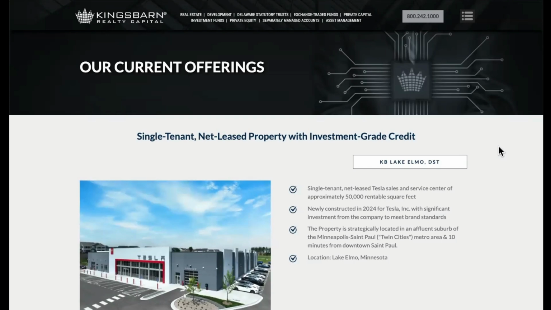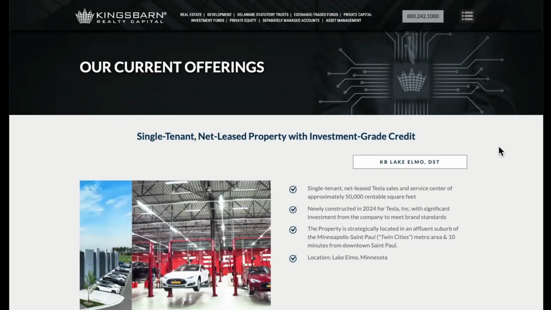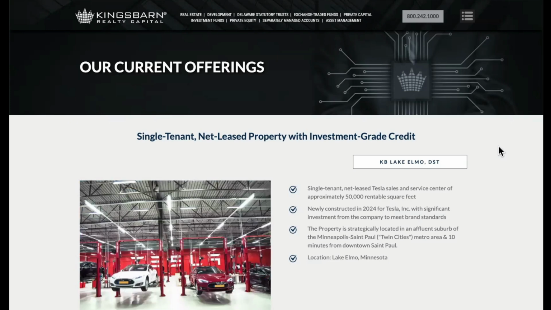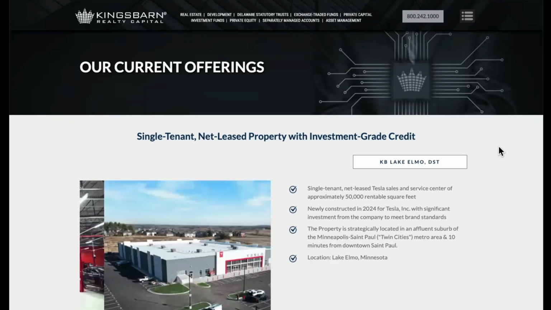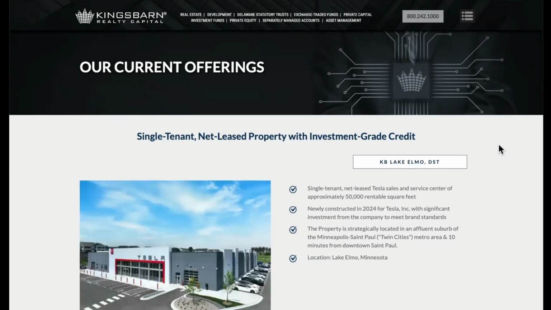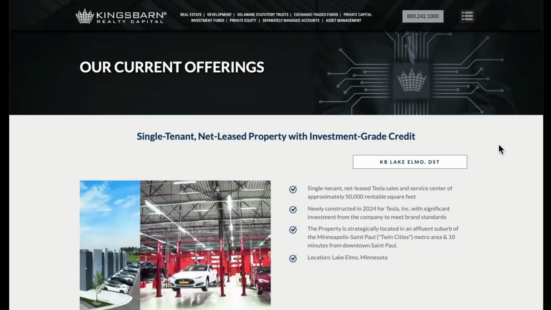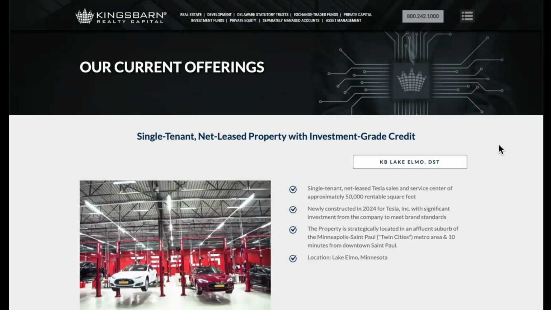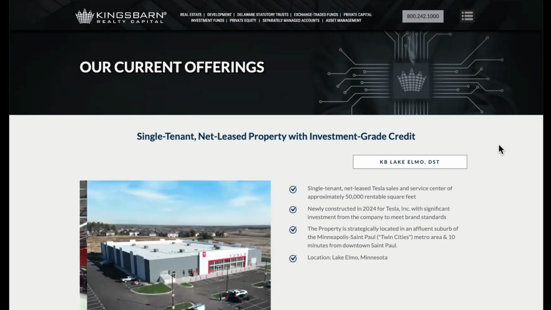I'm telling you, when you get into a DST with no management, tax advantages, and everything that goes along with DSTs, I think you're going to be very happy personally. Like I said, this is great for seniors who don't want to pay taxes. They want to get out of property management. They still need cash flow, and the bonus is the cash flow is tax-free in most cases.